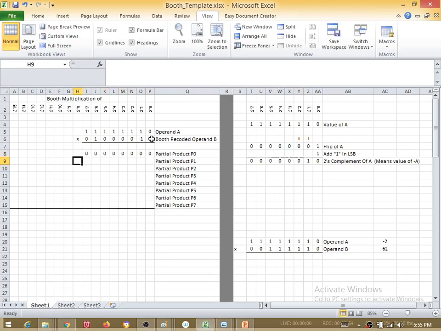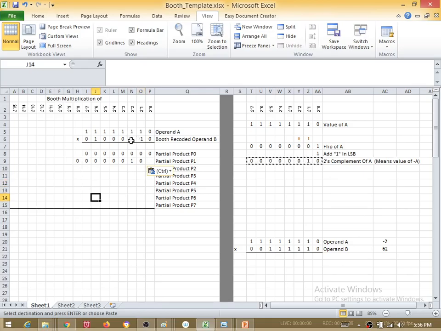Then my next partial product is A multiplied by minus 1, which means it is equal to minus A. What is the value of minus A that I already computed here? I am just going to copy it here. Remember that you have to write it in the correct position. You have to write it starting from this location, because currently we are multiplying A with this particular bit. So start your vector from here.